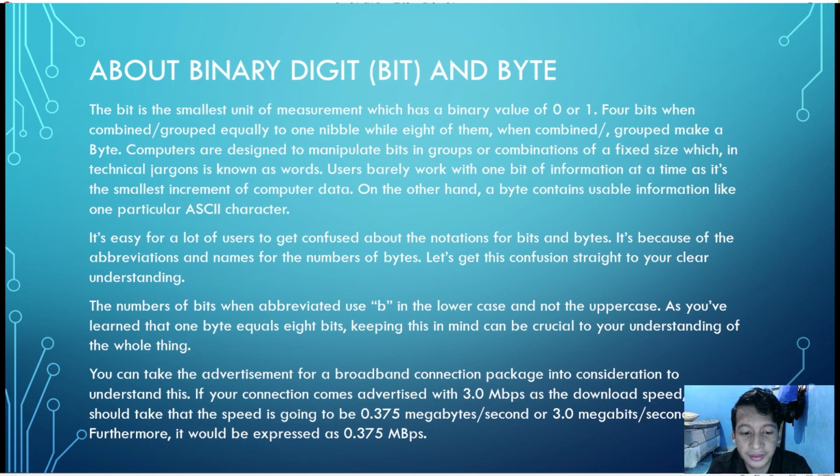If your connection comes advertised with 3.0 Mbps as the download speed, you should take that the speed is going to be 0.375 megabytes per second, not 3.0 megabytes per second. Furthermore, it will be expressed as 0.375 MBps.